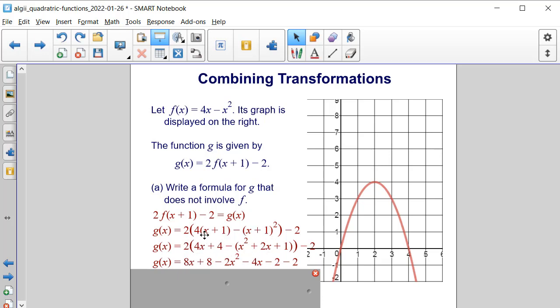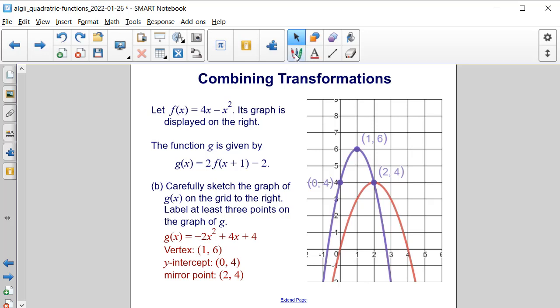So we're going to have the 8x plus 8, and then we have a minus 2 times x squared, minus 4 times x, minus 2 times 1, which is 2, and then another minus 2 at the end. And now if we combine all of our like terms, we get that g of x is equal to negative 2x squared plus 4x plus 4.